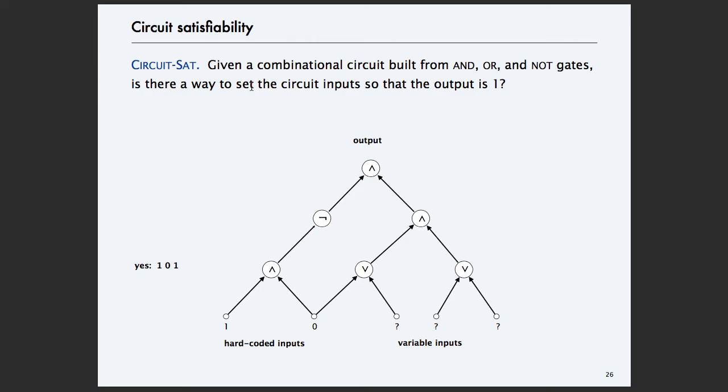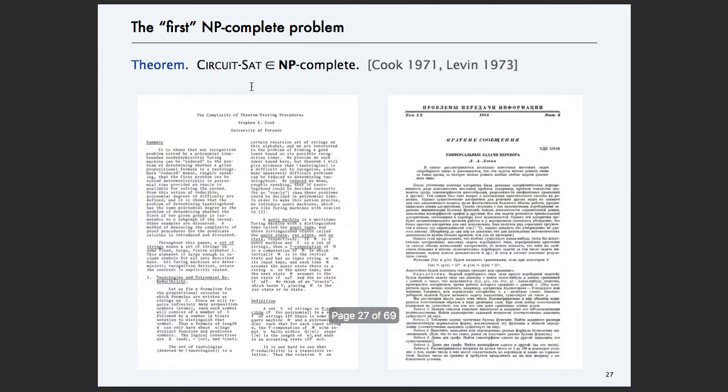But circuit satisfiability is another problem. It is similar to SAT and 3-SAT and those things, right? Given a combinatorial circuit built from AND, OR, and NOT gates, is there a way to set the circuit inputs so that the output is 1? That is exactly satisfiability, right?